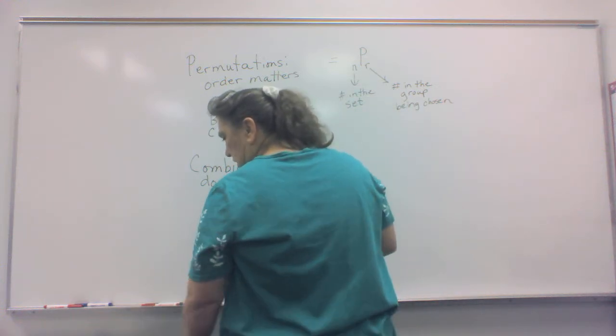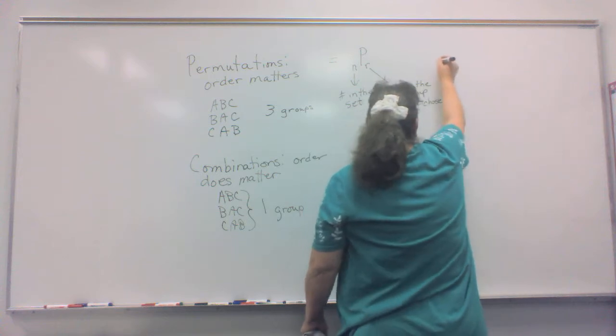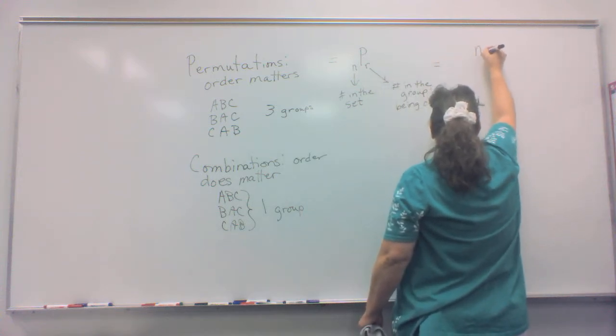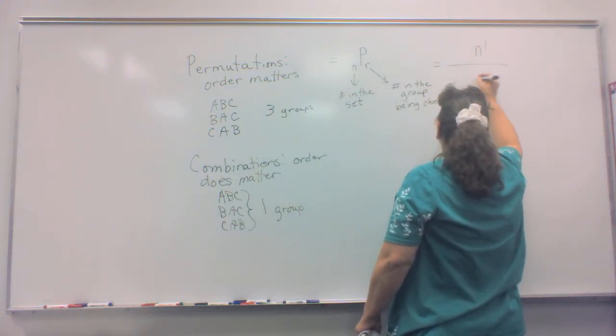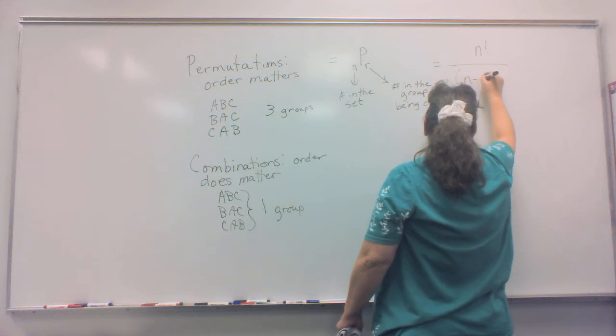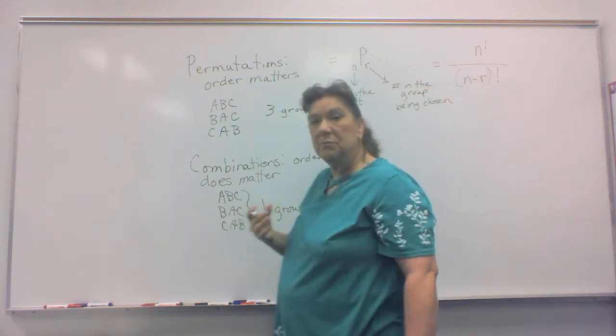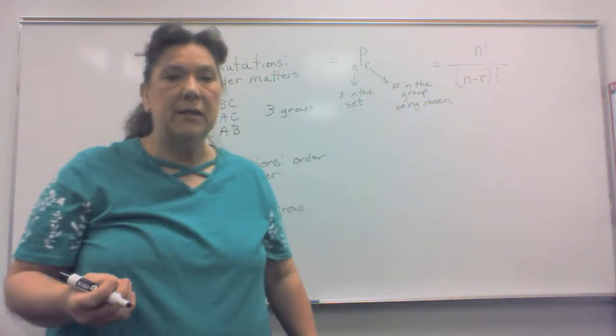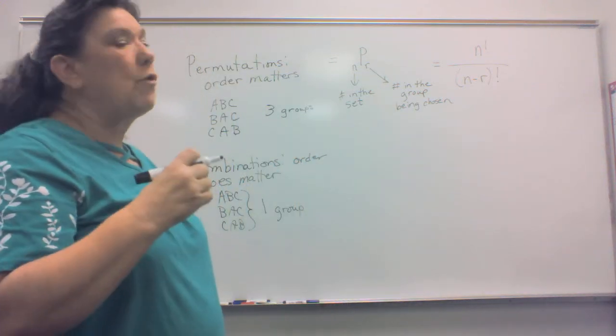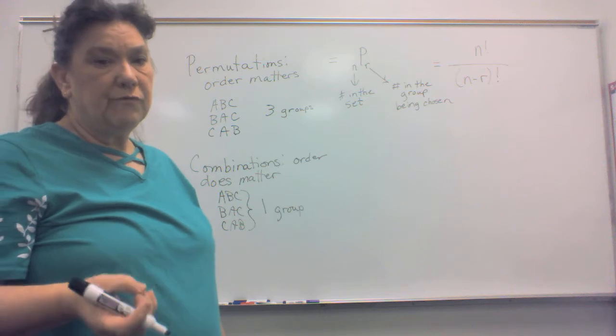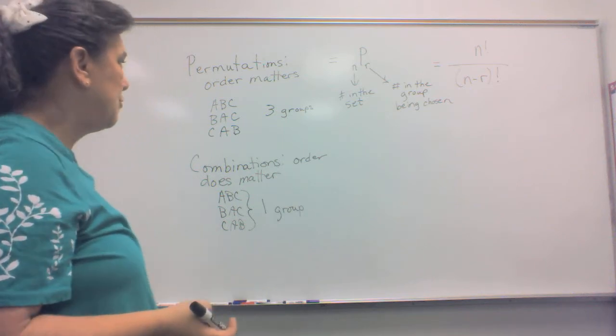So, your permutation formula is this: n factorial over n minus r factorial. In other words, you subtract the r from the n before you do your factorial.